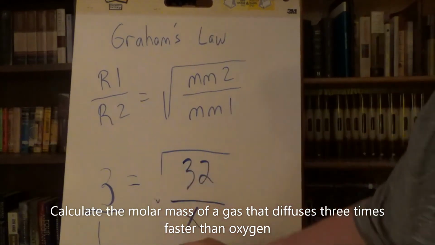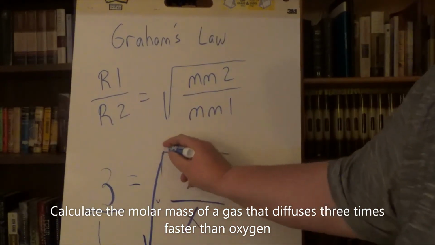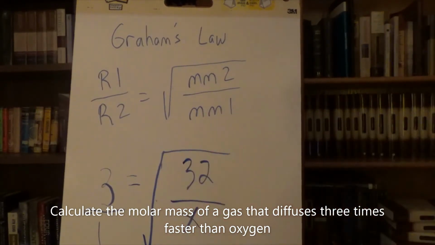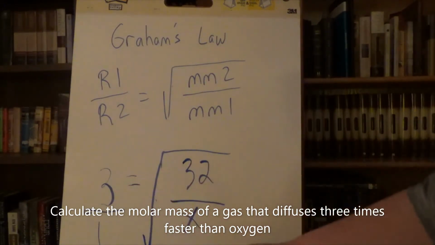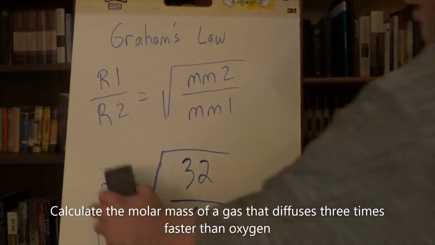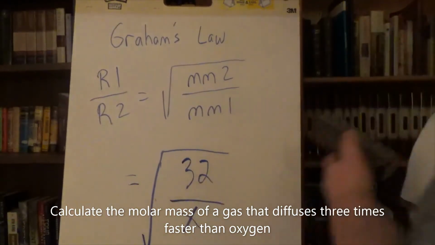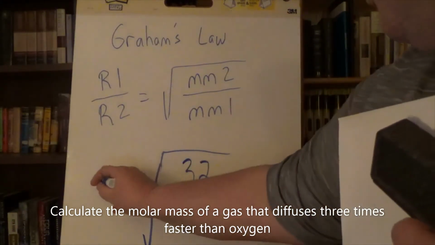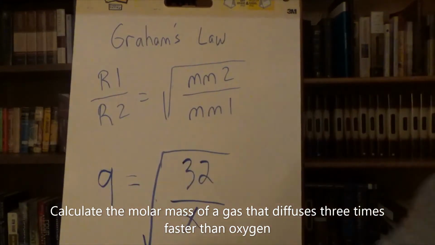Let me make this square root a little better to make more sense. So, easiest way to solve this, square both sides. We square both sides, the 3 becomes a 9. And the square root sign disappears.